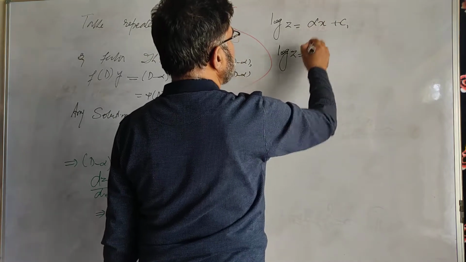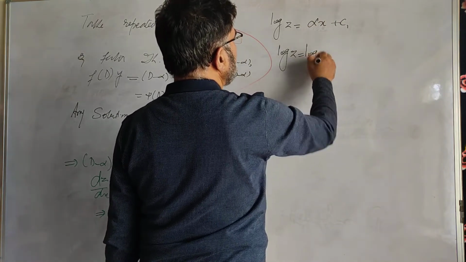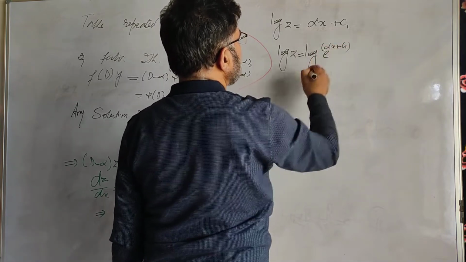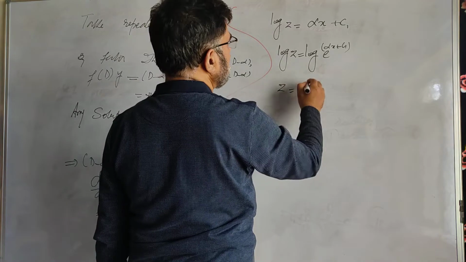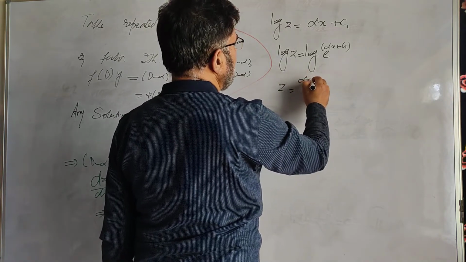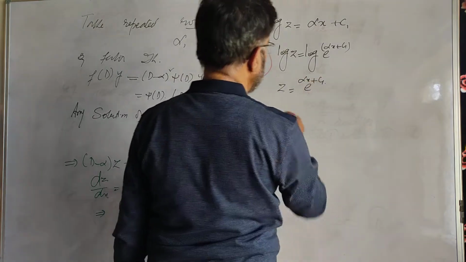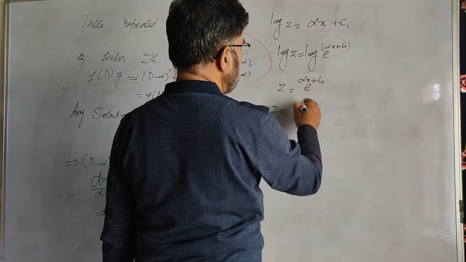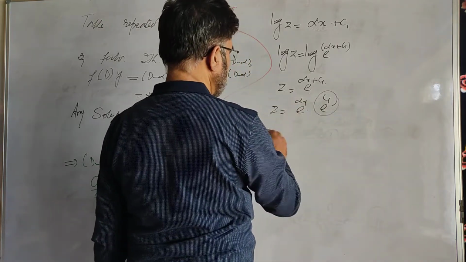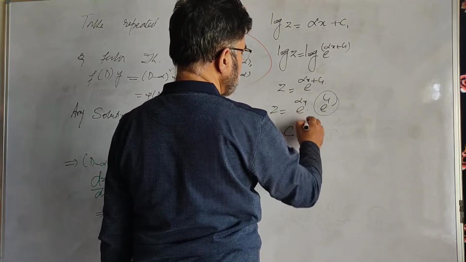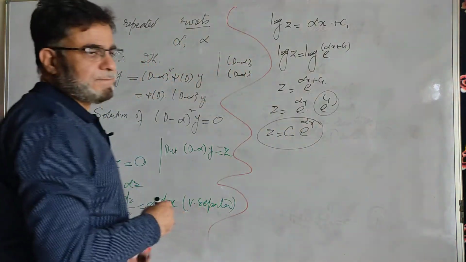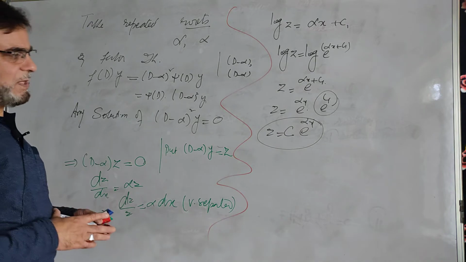This is log of e raised power alpha x plus c1. This is z is equal to e raised power alpha x plus c1. This is z is equal to e raised power alpha x into e raised power c1. So you get z is equal to c e raised power alpha x. Okay, you have got the solution of value of z.